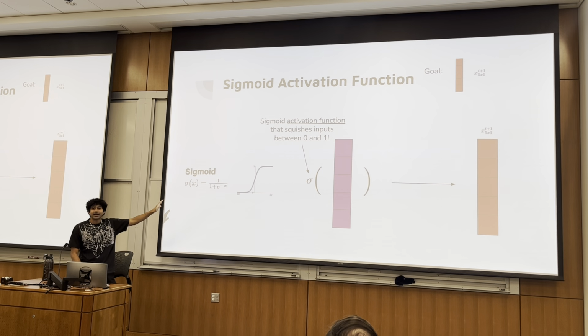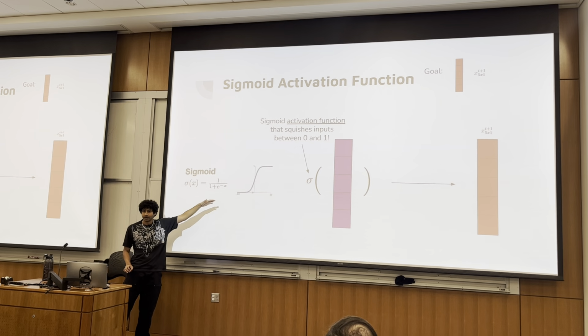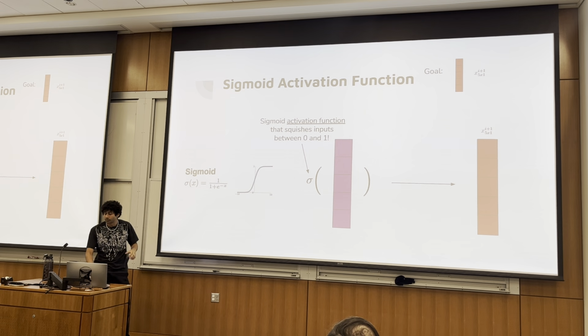For the next 5 slides or so, just accept that this is absolutely necessary, and I'll explain exactly why. We need to apply some kind of nonlinear function to the outputs of this first multiplication to get the outputs of the next layer, right?